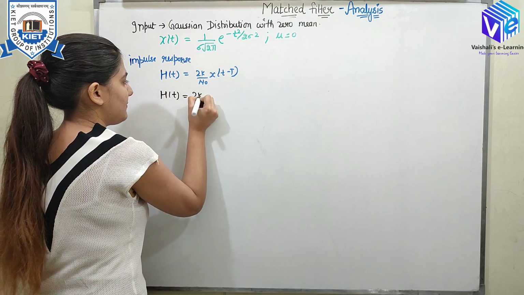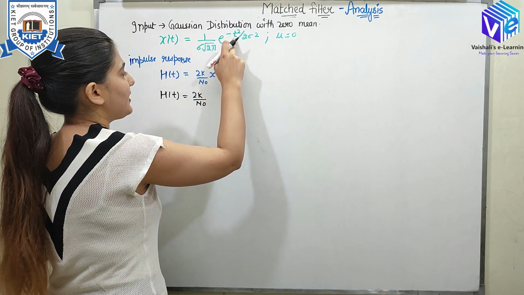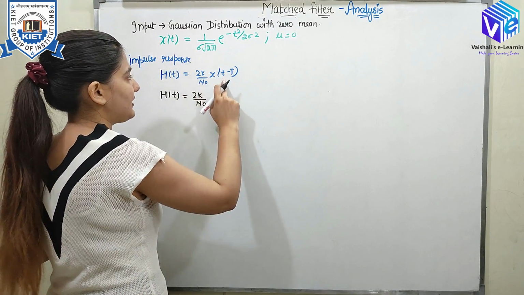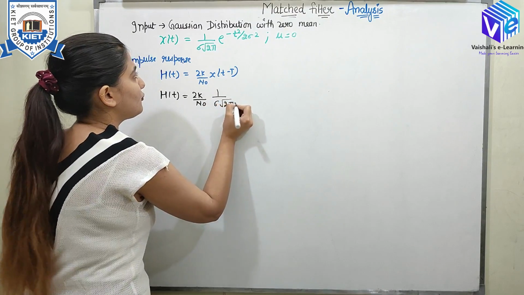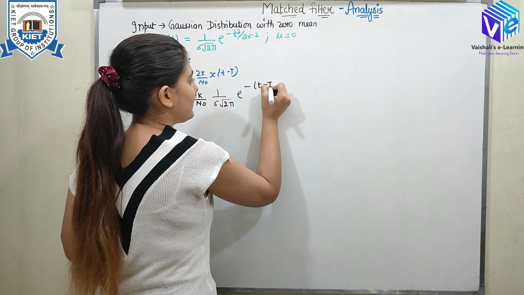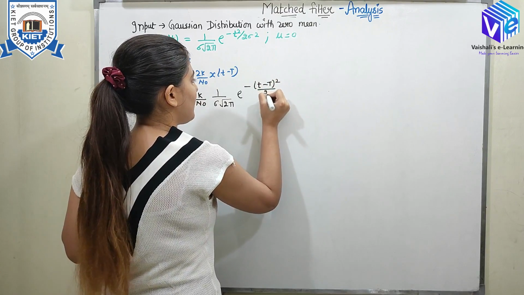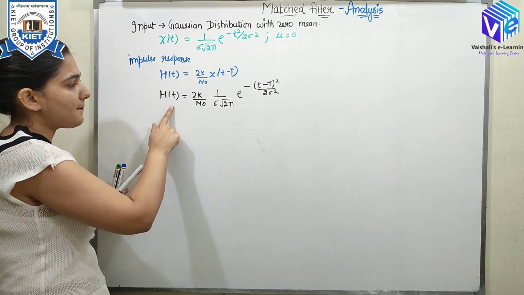So h(t) would be equal to, I'll just multiply 2k by N naught with this x value I am taking. Instead of t, I'll take T minus t. So 1 upon sigma under root 2 pi e raised to power minus, now instead of t, I'll write T minus t square upon 2 sigma square. Now this is my impulse response.